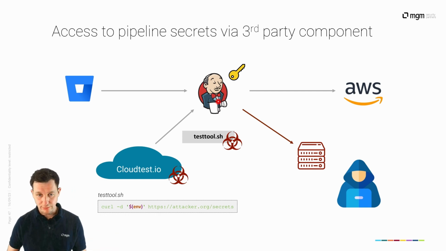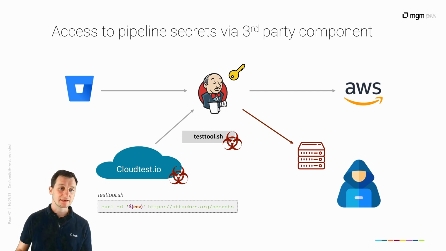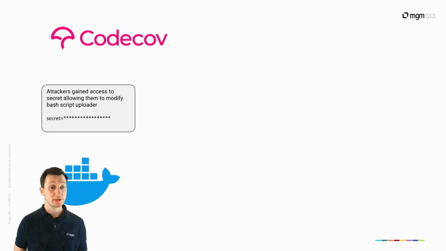What happened was that attackers gained access to a secret. When I recall it correctly, the secret was part of a Docker container that was public. So they were able to reveal the secret, and this secret gave them access to the place where this shell script was uploaded for the customers, where the customers downloaded it.